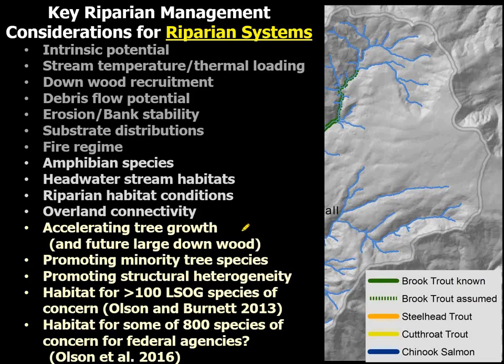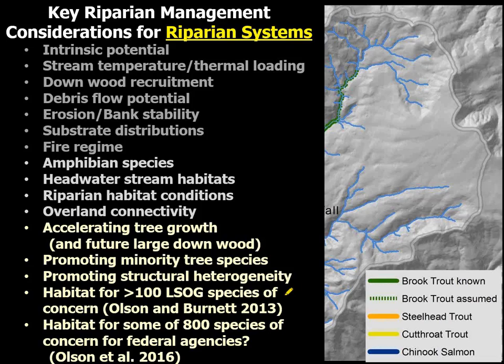So you might have a highly stocked riparian zone, and you may have some concern to accelerate tree growth in your riparian area. Or it may be a legacy of a past clear cut and plantation, and there may be a reduced number of minority tree species there if it was managed to promote Douglas fir. Perhaps promoting structural heterogeneity is a management goal for riparian areas.